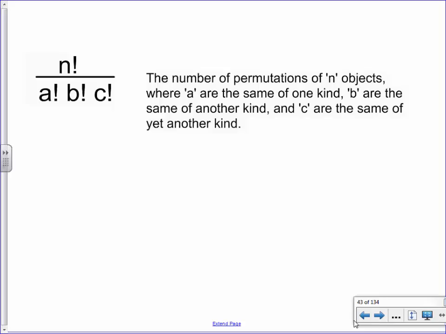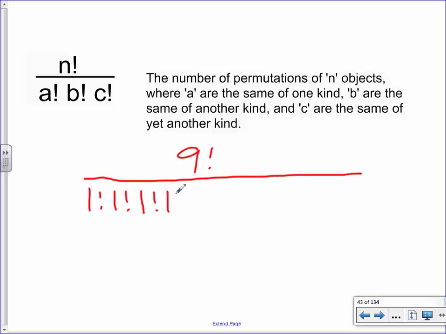When I originally showed you guys this concept of a factorial, I actually lied a little bit, a little white lie, because we weren't ready for it yet. But let's say that there were 9 factorial things. If all of the different objects were different, what you would actually then do is divide by 1 factorial, 1 factorial, 1 factorial, 1 factorial, because each object was unique.